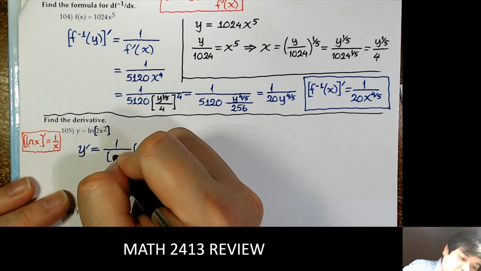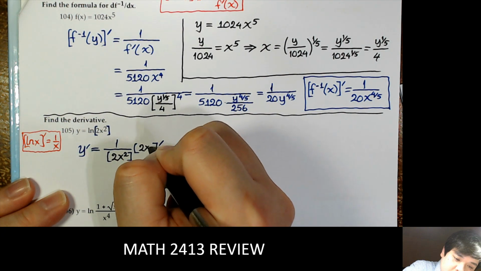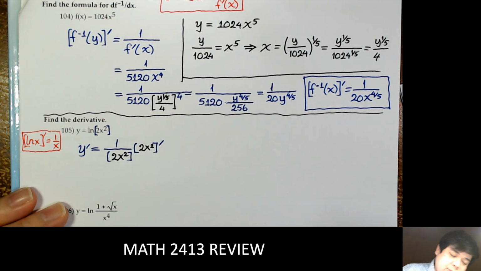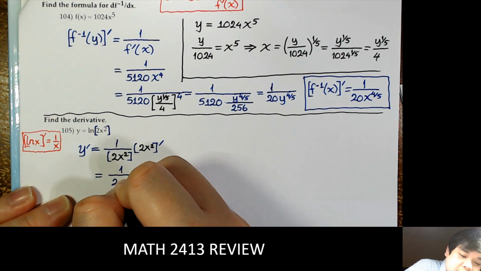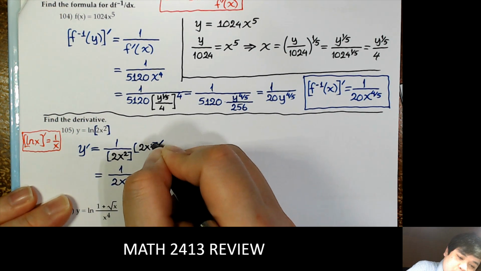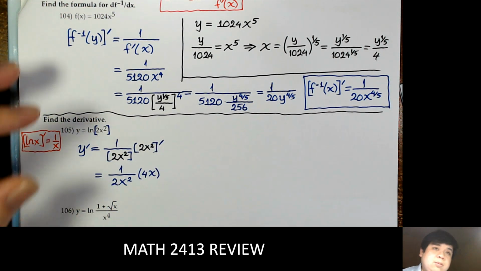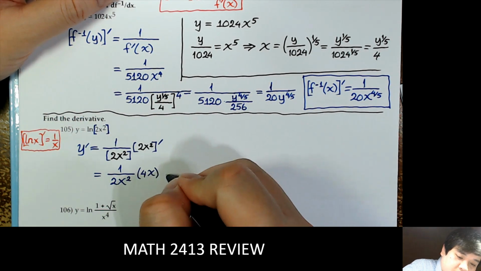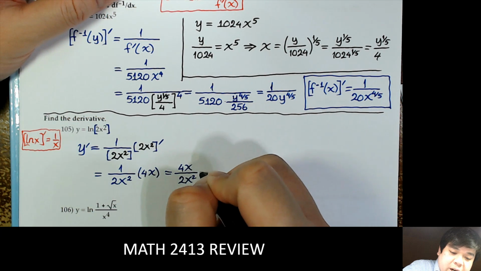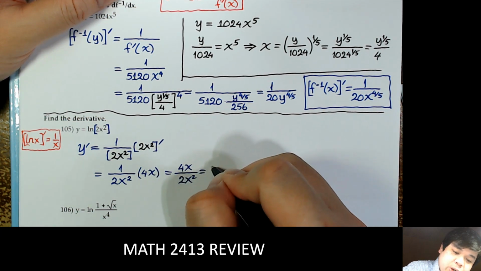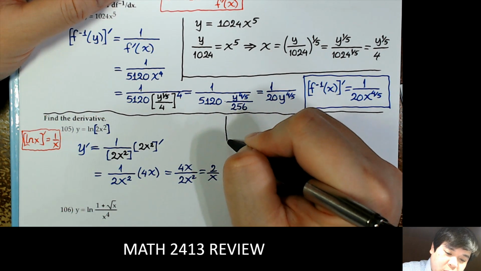Inside we have 2x squared, so that is 1 over 2x squared, and the derivative of 2x squared is 4x. With 4x on the top and 2x squared at the bottom, we cancel the x and the x, the 4 and the 2, and we have 2 over x. Right, so that is one way to do it.